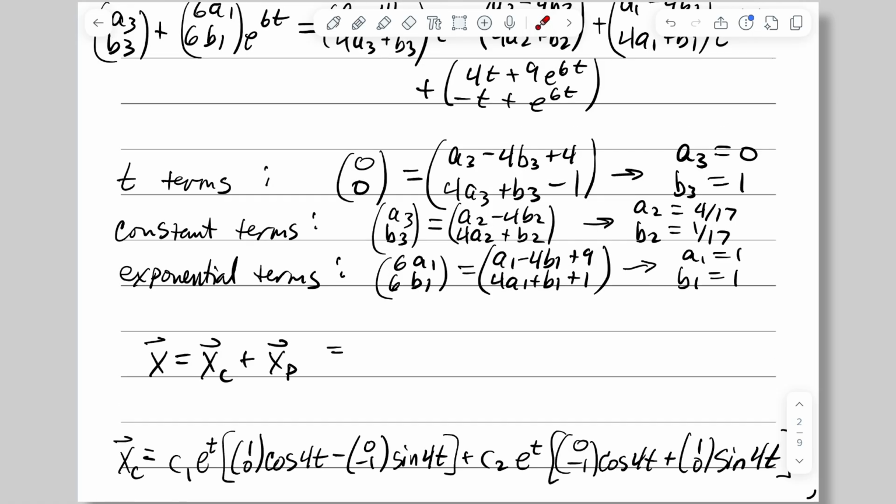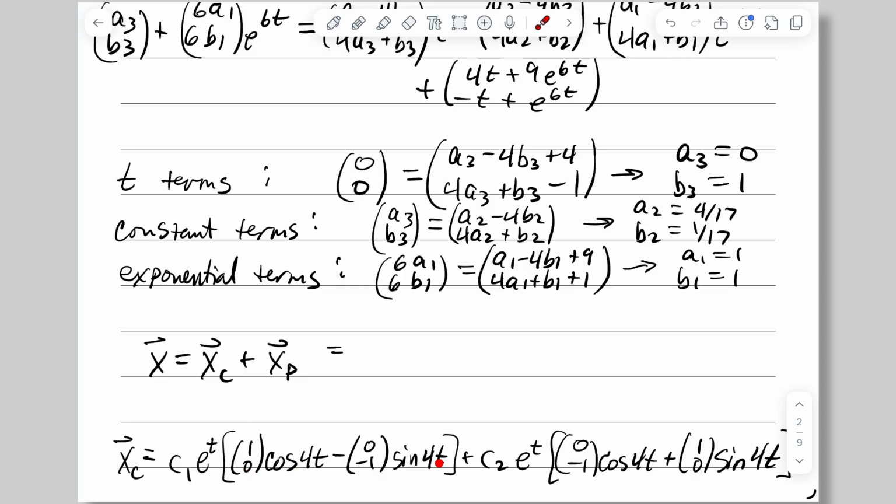I have down here the complementary solution that we found before, but I want to write it in a different way for combining it in the way we need to. Inside the brackets here, we have the vector 1, 0 times cosine of 4t minus 0, negative 1 times the sine of 4t. Of course, that minus and the negative 1 are going to offset each other. That's going to become a plus. Multiplying the cosine into the vector 1, 0 gives us a cosine on the top and a 0 on the bottom.